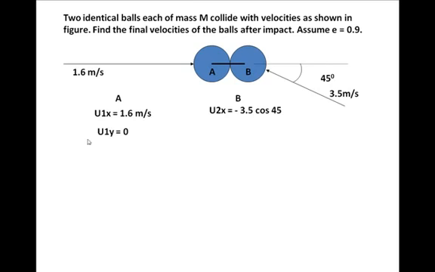Now we write u1y. I think we will agree that u1y is equal to 0, because body A doesn't have any velocity in y direction initially. Similarly, u2y will be 3.5 sine 45.